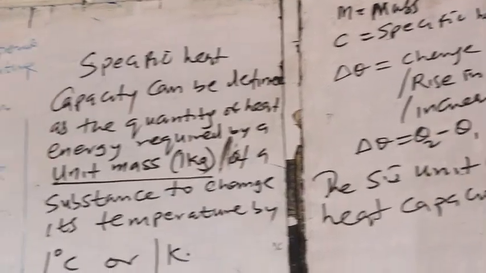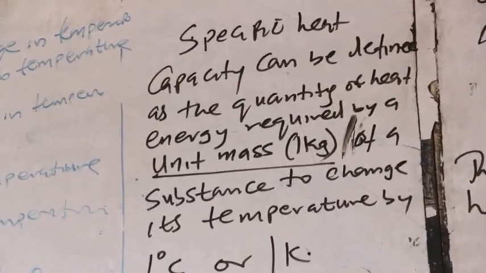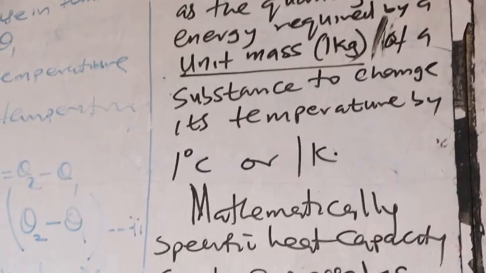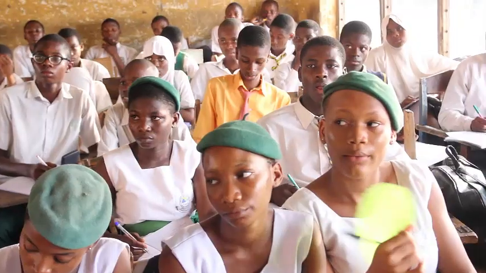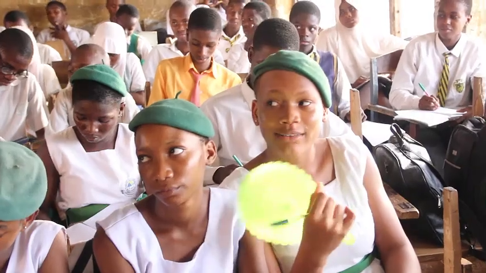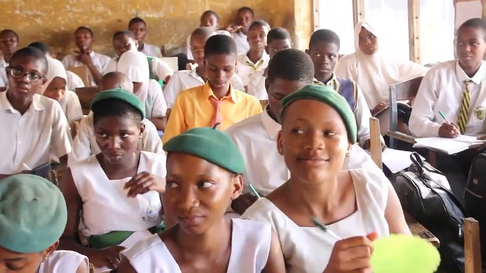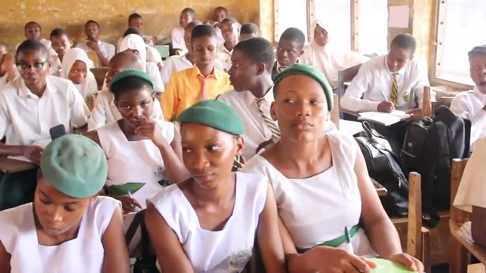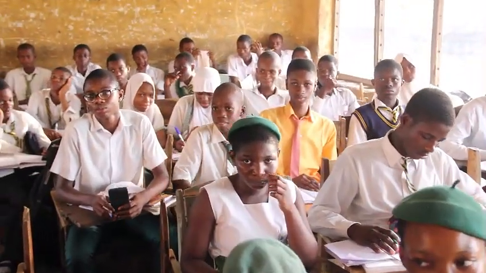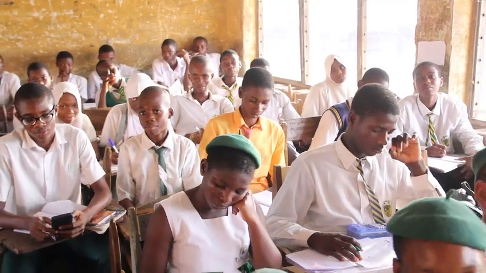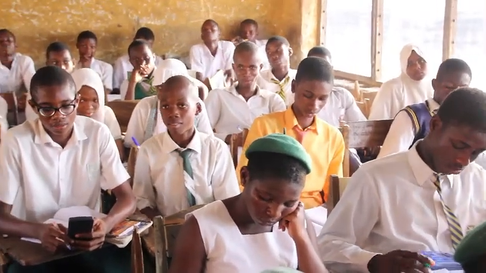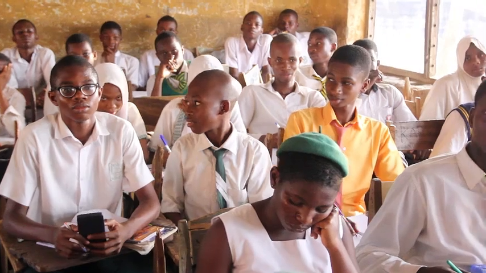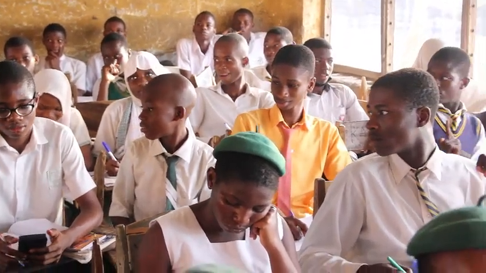What do I mean by specific capacity is a property of substance? Your number belongs to somebody. But if I mention, give me your name. Ayo. If I say Ayomide, how many people will answer Ayomide? How many of you are Ayomide in the class? Raise up your hand.